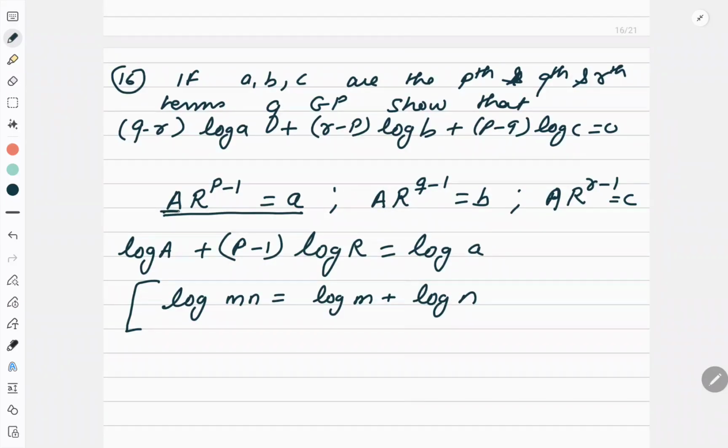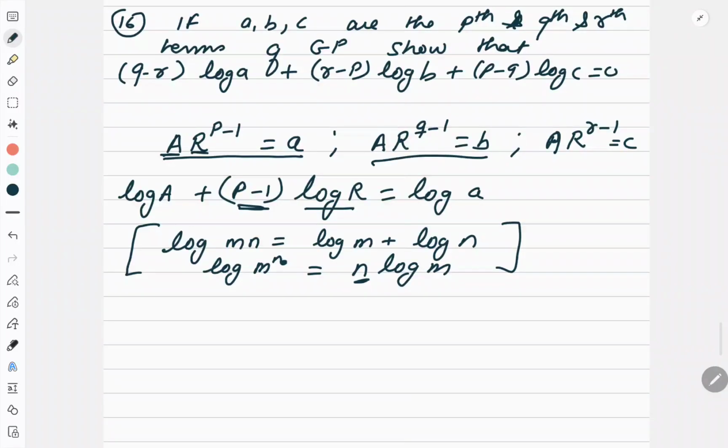So here these two are in product. So the first step will make it log of capital A plus log of r to the power p minus 1. Then the other property of log is log of m to the power n is equal to n log m. The power always comes in front. That is why this p minus 1 came here and it becomes log r. Okay, so this property I have used.